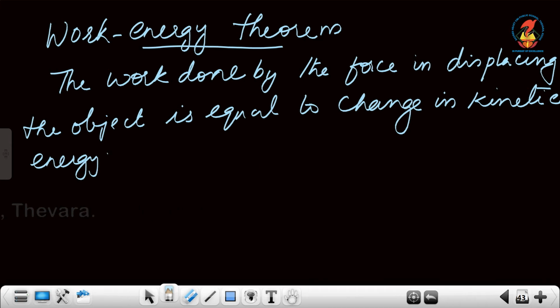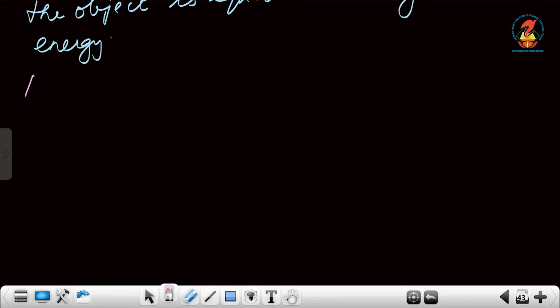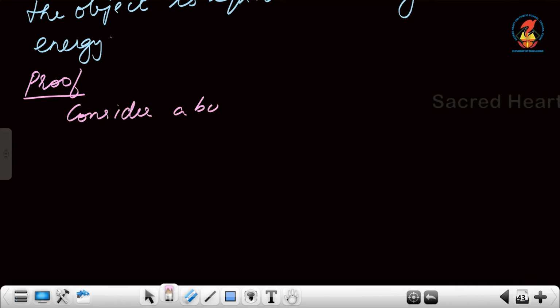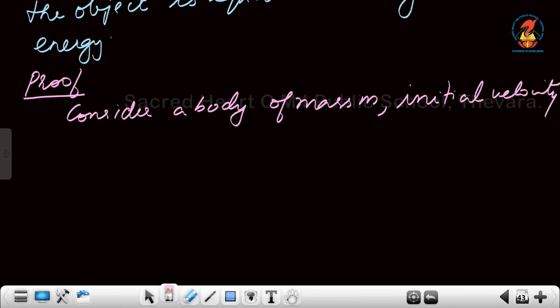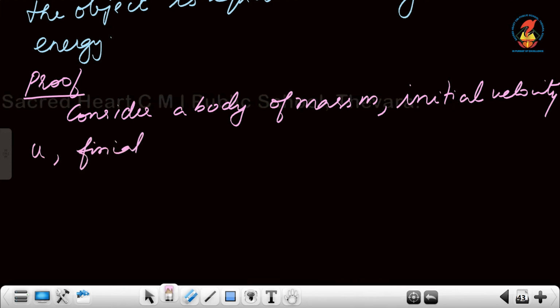Now, we are going to prove this theorem. For that, consider a body of mass m having initial velocity u and final velocity v.